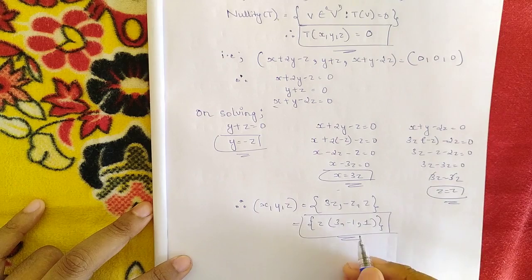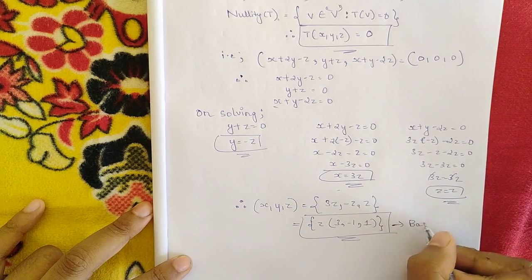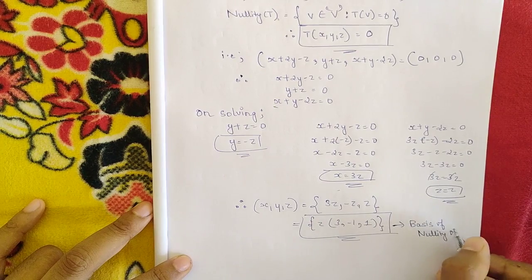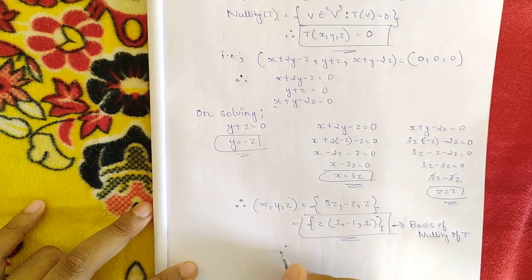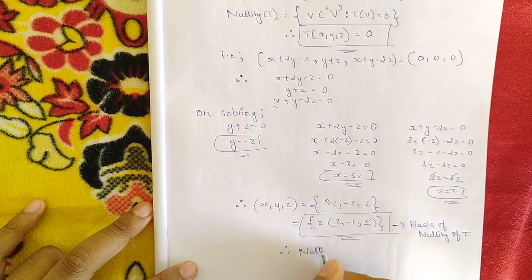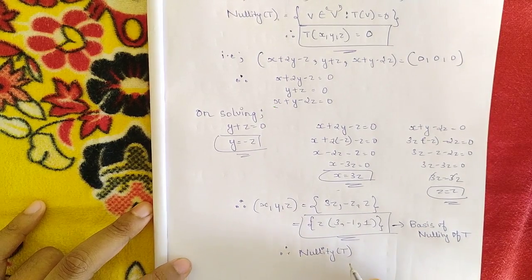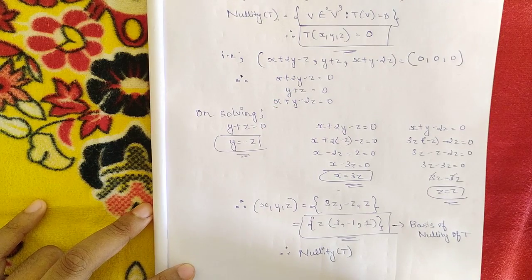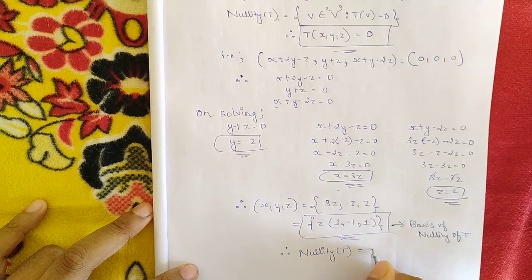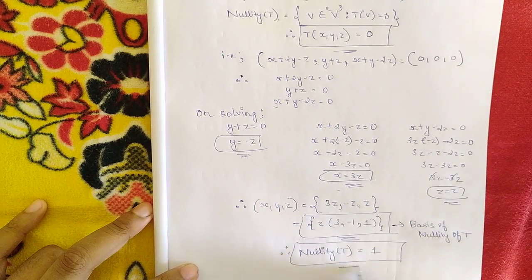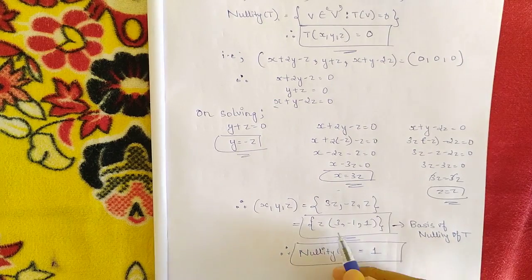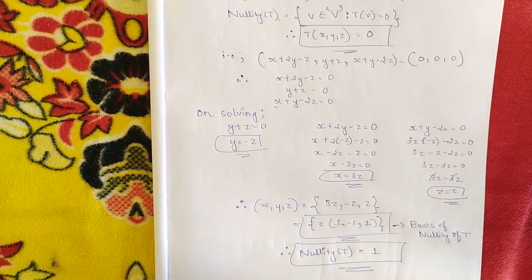So this is the basis of the null space of T. Since nullity of T is the dimension of the kernel of T, and we have only one vector here, nullity of T is equal to 1. In this way you should solve for the nullity of T.